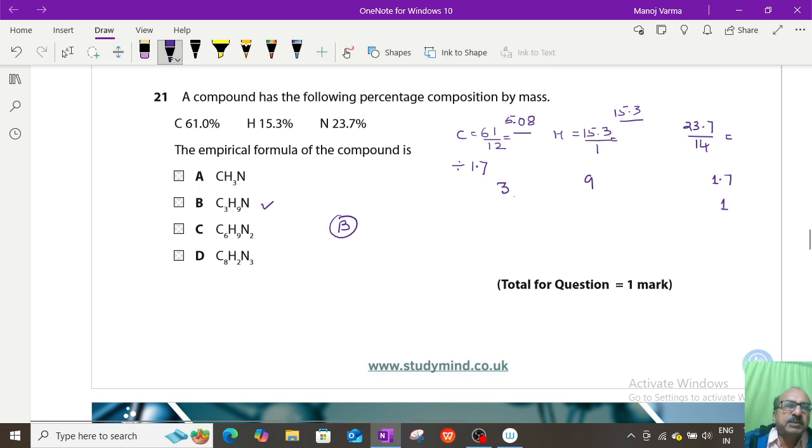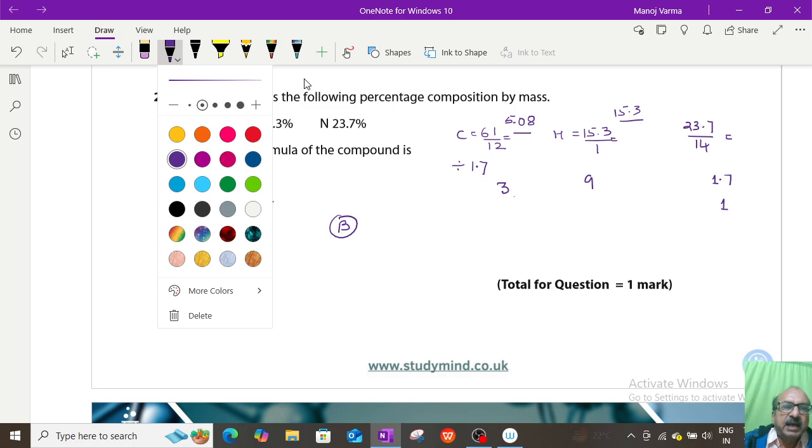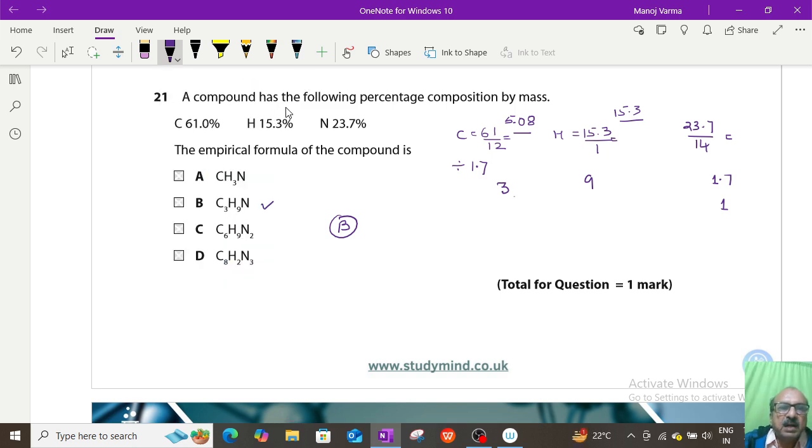So question number 21 says that a compound has the following percentage composition by mass: carbon 61%, hydrogen 15.3, nitrogen 23.7. What is the empirical formula of the compound? This is a straightforward question.